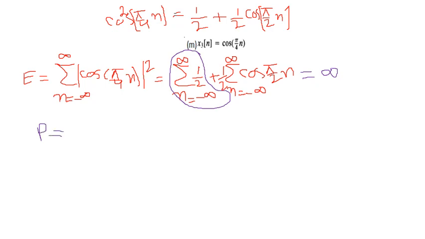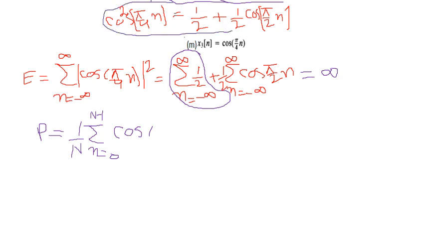You just say P equals 1 by N, and summation over one period, that is n equals 0 up to capital N minus 1, of cos square pi by 4 n.